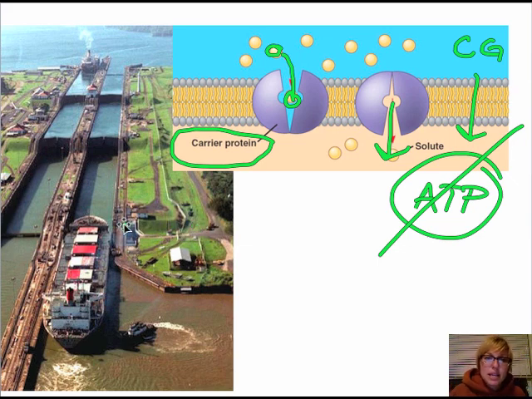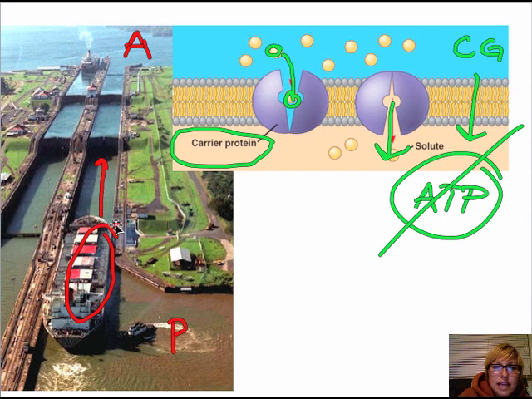So we have this boat, and this boat would symbolize the solute, right? The solute needs to go from the Pacific Ocean to the Atlantic Ocean. For it to get through, it moves into this kind of gated area.